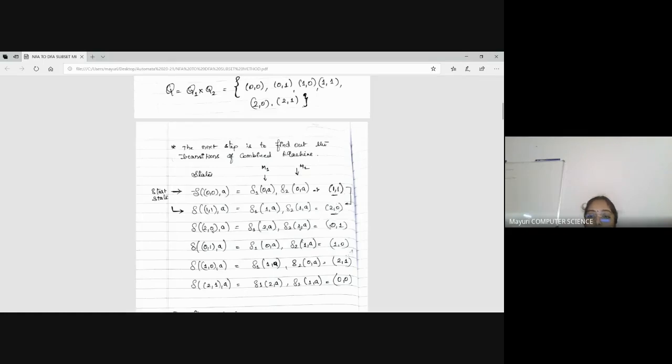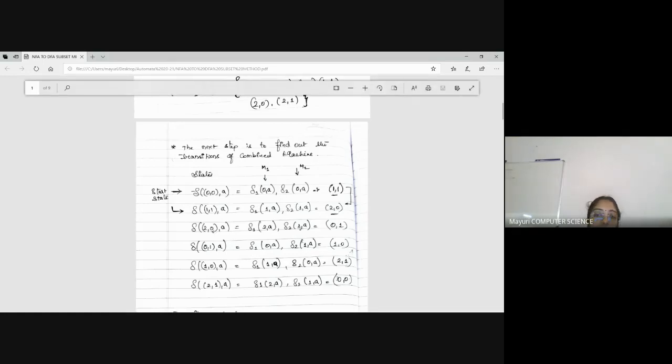You could see in the last column 0,1, and then 1,0 I got. All are new states, 2,1. Finally, I have come across 0,0. 0,0 is the state to which I have already applied the input, right? I need not take 0,0 again to start applying A, because the entire process would repeat later if I do that. Have you understood this point?